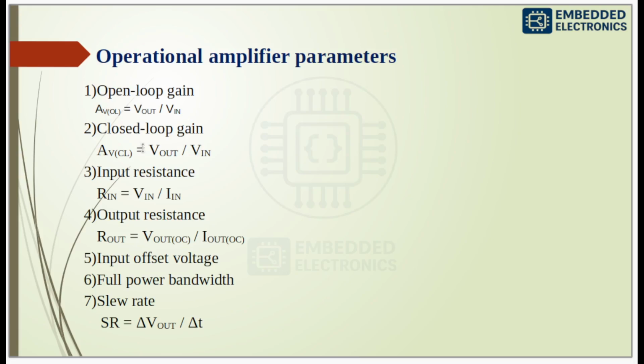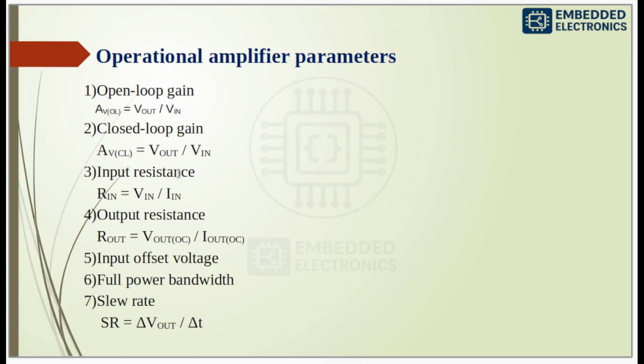The effect of applying negative feedback is to reduce the voltage gain, and this is the formula: V out divided by V in. So the value of AV in closed loop is very much less than the value of open loop gain.